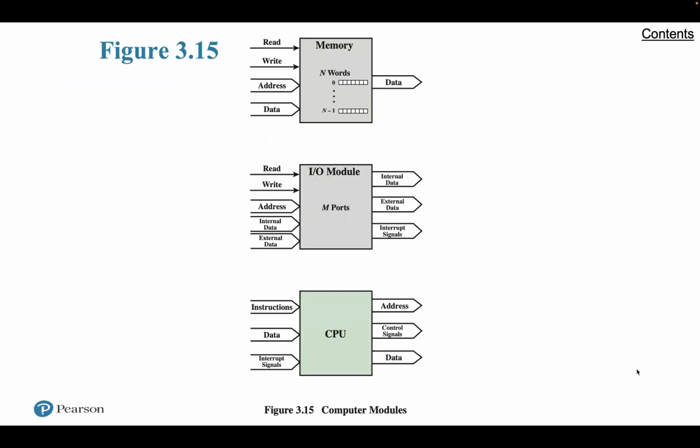And here we have a figure. A computer consists of a set of components or modules of three basic types: the processor, memory, and I/O. And so these are the three main elements. These are the three elements in a von Neumann architecture, the three main elements in a computing environment. So they all communicate with each other.